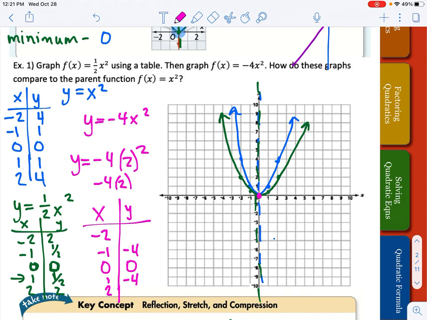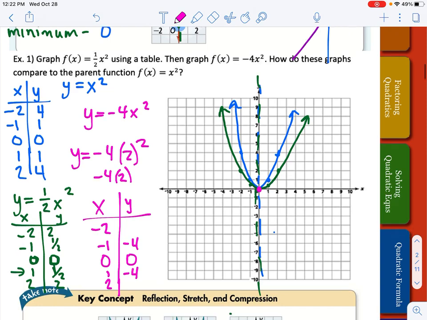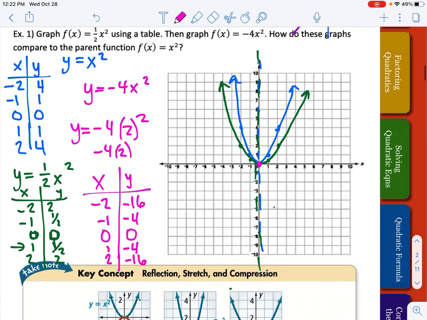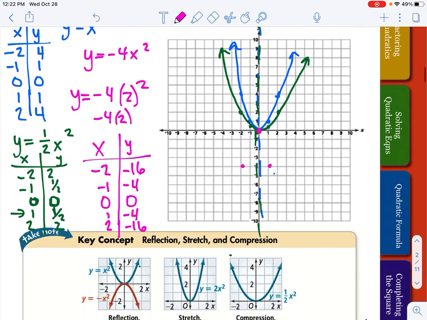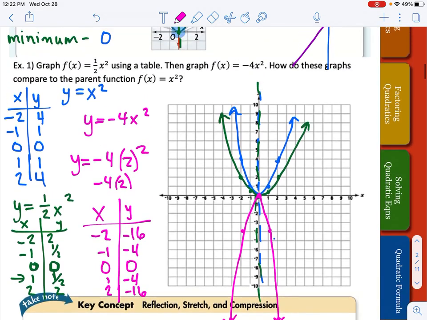So we have 2 squared is 4, and 4 times -4 is -16. Now this will be way off our graph. We'll do our best to graph it so that way you can see. Down here somewhere. And then I can graph these out. And those are the graphs of my 2 equations.